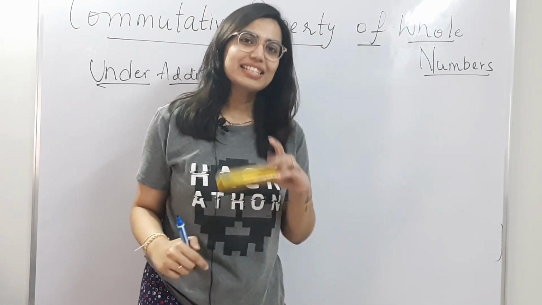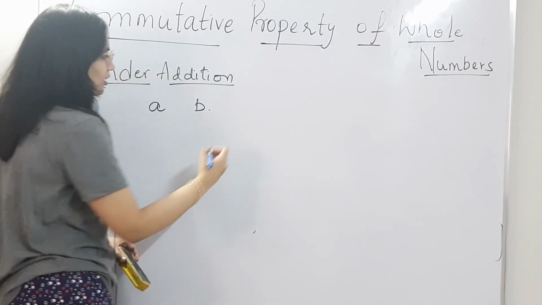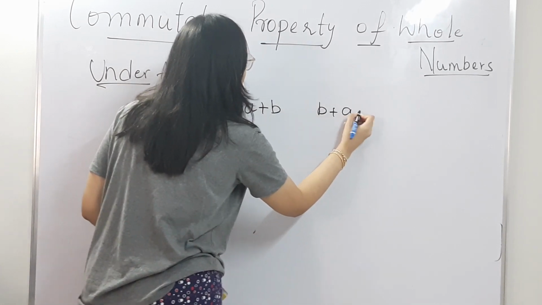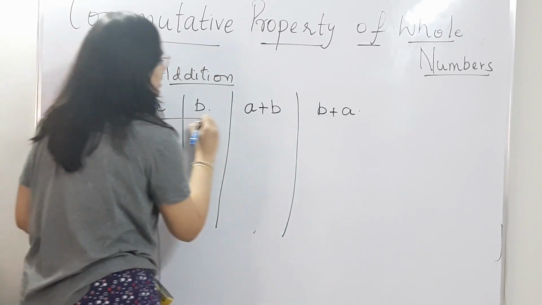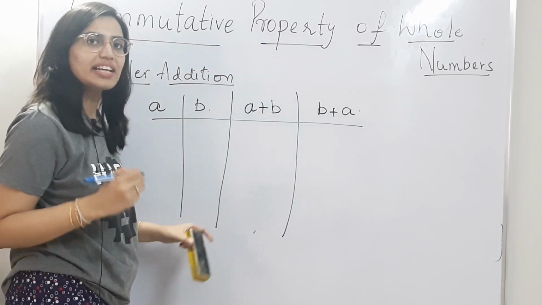That means let's say we take two numbers A and B. Here we are trying to prove that A plus B is equal to B plus A. This is the commutative property of whole numbers under addition.